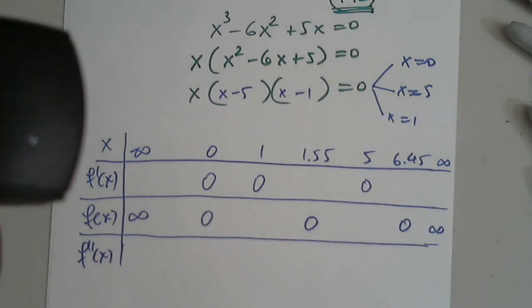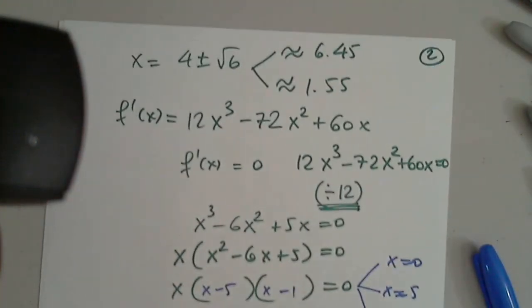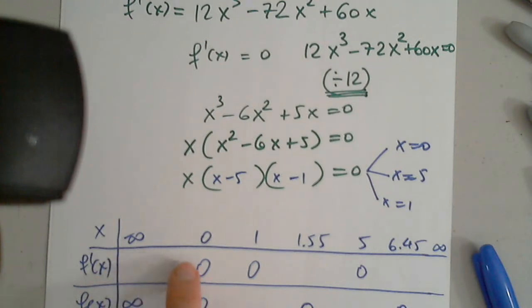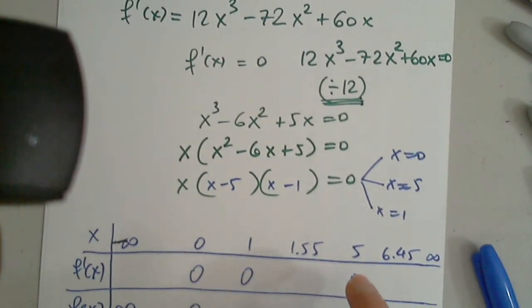Okay, much better. And now I have to study the sign of this between negative infinity and 0, between 0 and 1, between 1 and 5, between 5 and infinity.